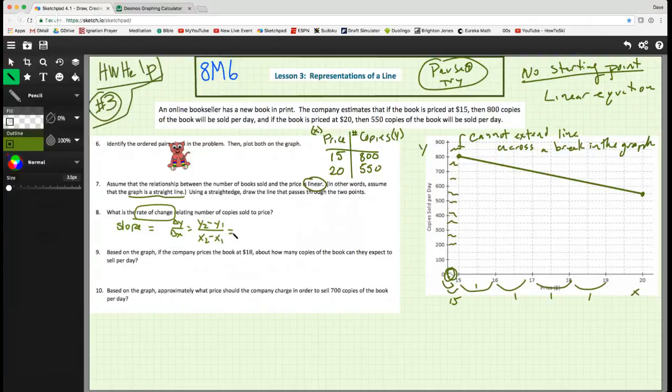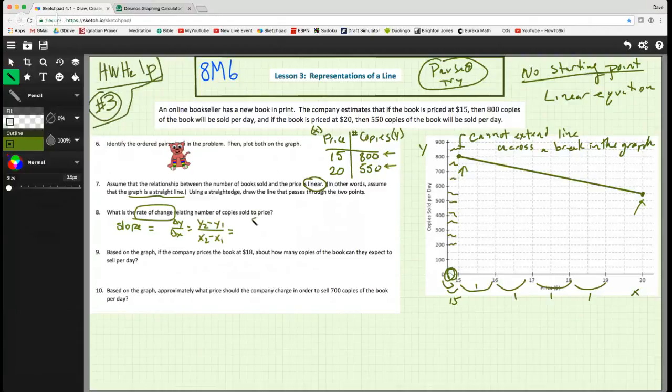And we can calculate that. Why? Because we have 2 points. We have this point and this point, these 2 ordered pairs.